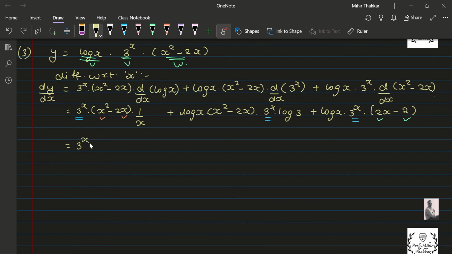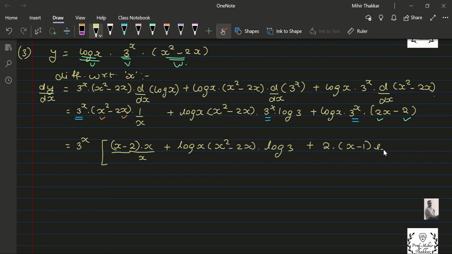First of all, 3 raised to x, which is common for all the terms. Then I will write over here x minus 2 multiplied by x upon x plus, these all terms will be as it is, log x into x square minus 2x into log 3 plus, this 3 raised to x has been taken outside, so I will write 2 common, x minus 1 and log x.